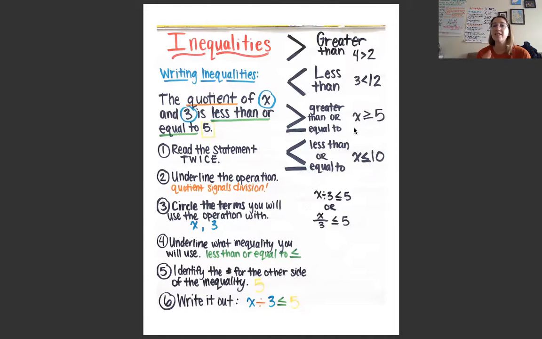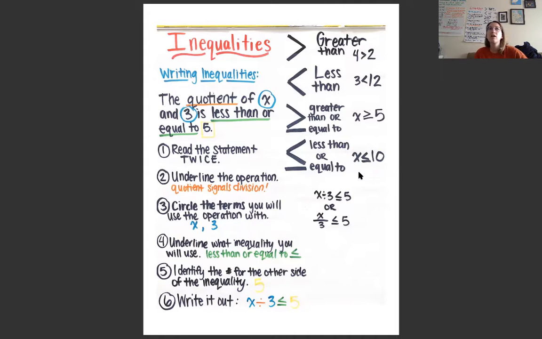But it does include 5, which is the important part, okay? That's what that equal to means. And then down here, less than or equal to means that any number that's less than or equal to 10 could fit in here for this x. So that means it could be 10, 9, 8, 7, 6, 5, 4, all the way down into the negatives, okay? So that's what that means, alrighty.